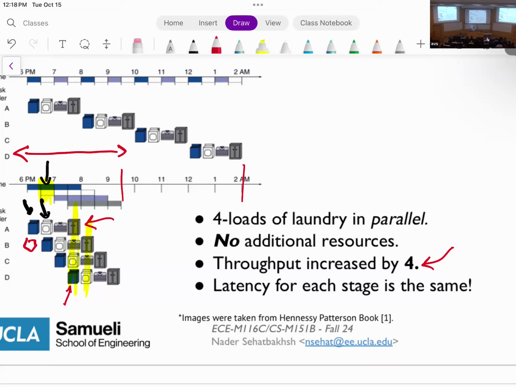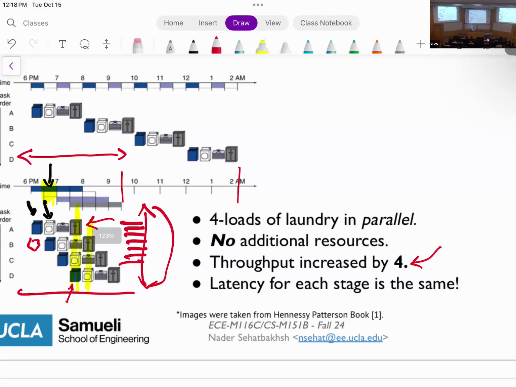Now think about this in the context of a program, where I have many instructions. If I can parallelize these instructions, then my entire program finishes faster. So I'm increasing the throughput. By increasing the throughput, I reduce the overall end-to-end latency of my program, okay? But again, I'm not really making one single instruction faster. I'm just making the throughput higher, okay?